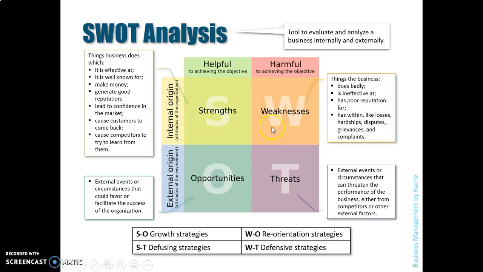We can have weaknesses that must be taken care of in order to take advantage of a specific opportunity. So we set reorientation strategies. And finally, we can have weaknesses we have to take care of before or in order to cope with coming threats. So we set up defensive strategies.